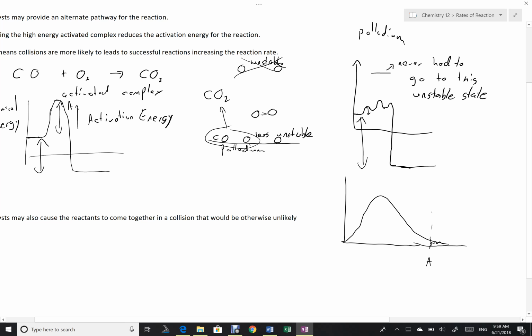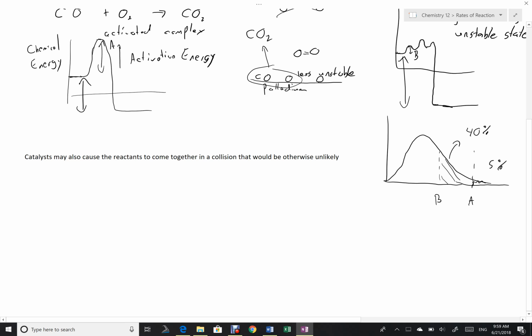And so we would say at most, say 5% of those collisions could lead to chemical reactions. Moving down here to these smaller activation energies, I'll call this B. Here we can reduce it all the way down here, and maybe we're getting like 40% of our collisions which can result in a chemical reaction. That's an increase of 8 times, which means the reaction rate is going to go 8 times faster, having avoided that unstable state.